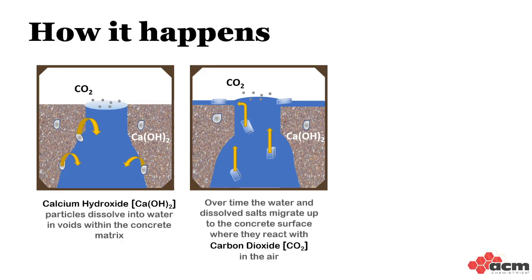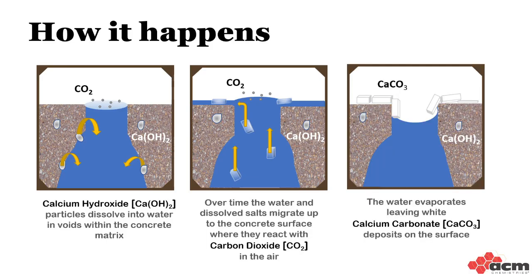Over time, the water and soluble salt solution can migrate back to the surface of the unit. At that point, the calcium hydroxide reacts with carbon dioxide in the air and produces calcium carbonate. When the water evaporates, it leaves behind white calcium carbonate deposits or efflorescence.